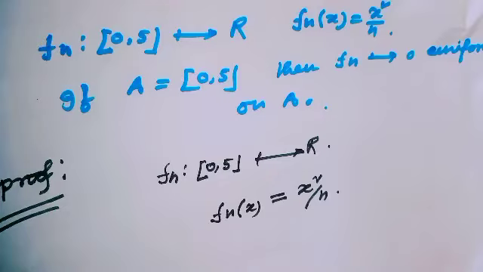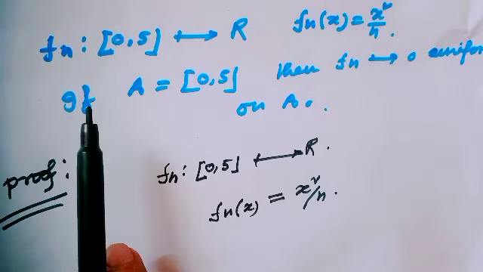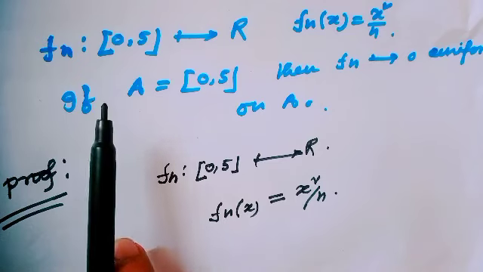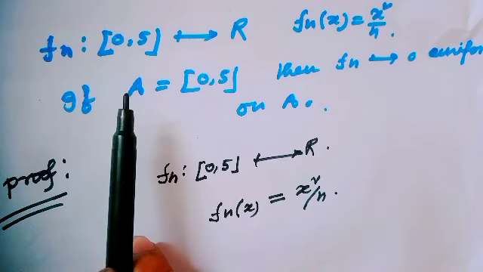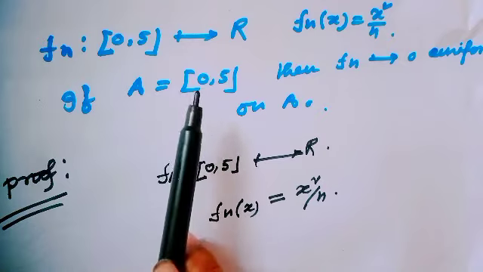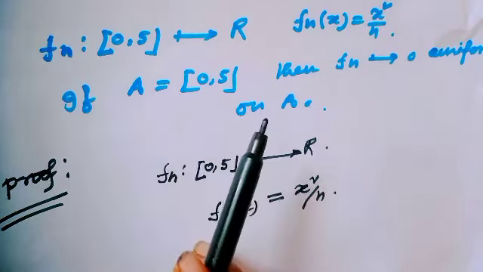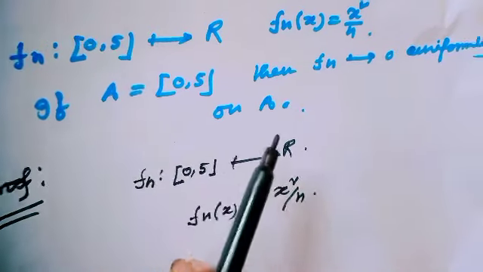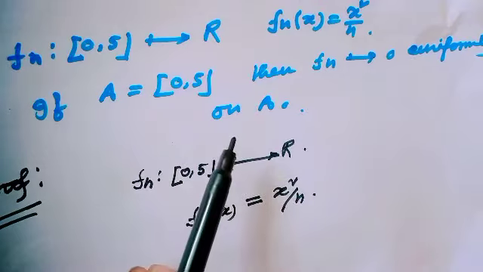As an example, consider a sequence of functions fn defined from the closed interval [0, 5] to R such that fn(x) equals x squared over n.